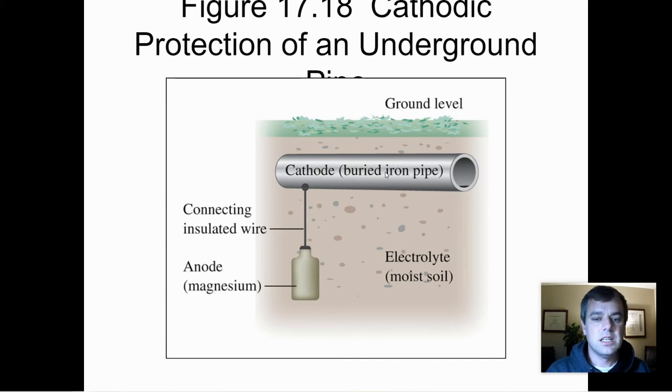A similar thing is done with boats and ships, where they will take pieces of zinc or sometimes magnesium, it's just zinc is a lot cheaper, and bolt it to the side of the hull because those are more easily oxidized. A hot water heater at your house usually has an anode rod made out of aluminum, because aluminum ions are relatively inert and aluminum is more easily oxidized. That's in there to protect your steel tank in your hot water heater from rusting away.